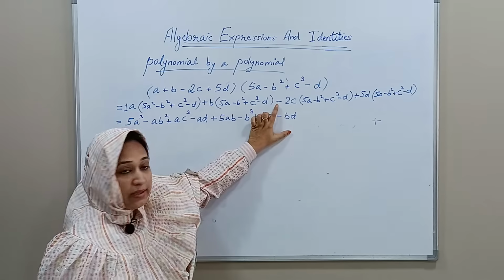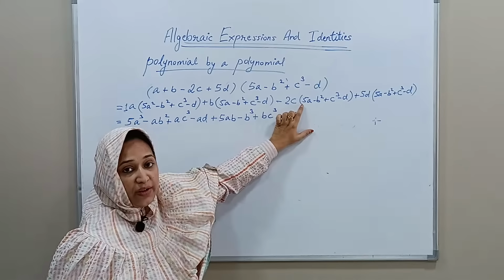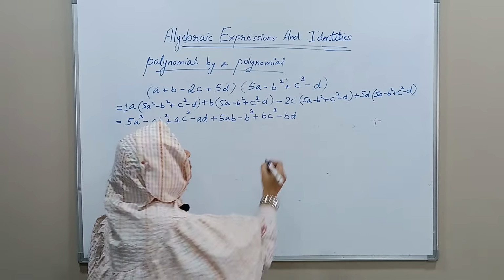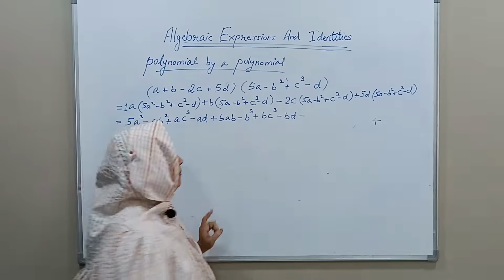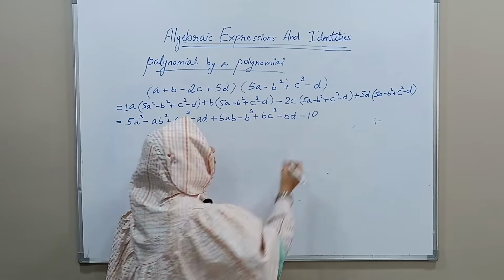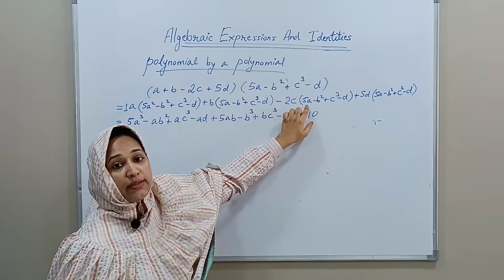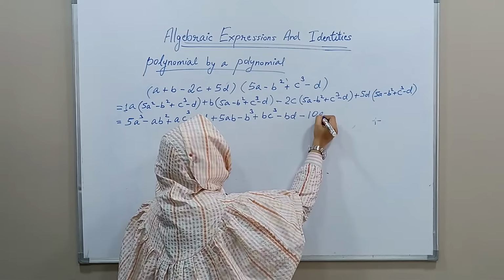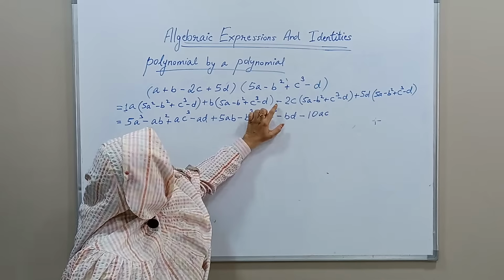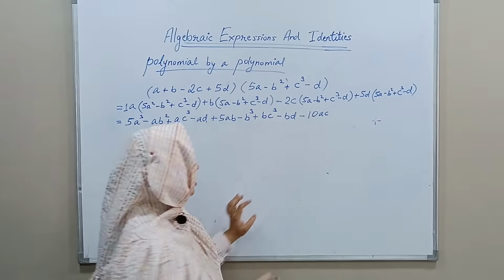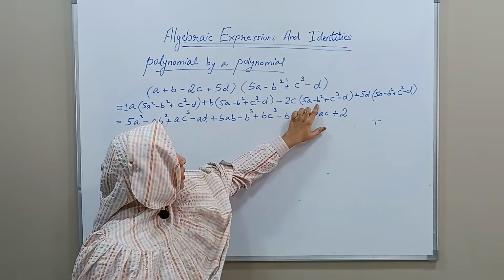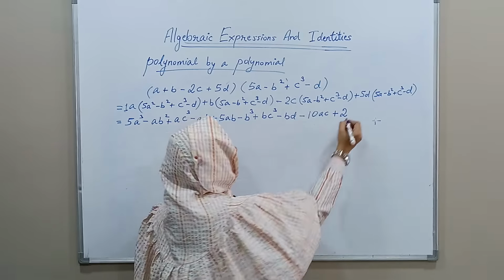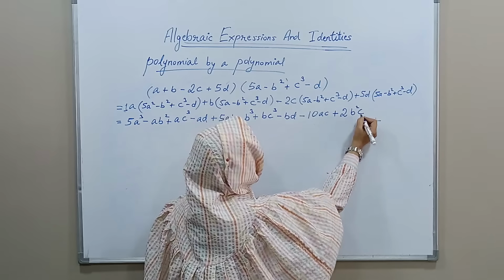Now we have a minus sign here, a plus sign to 5a. Minus into plus is minus, 2 into 5 is 10, so 10, c into a is ca. Let us write it as ac. Then minus into minus is plus 2 b square c. So we have b square c.